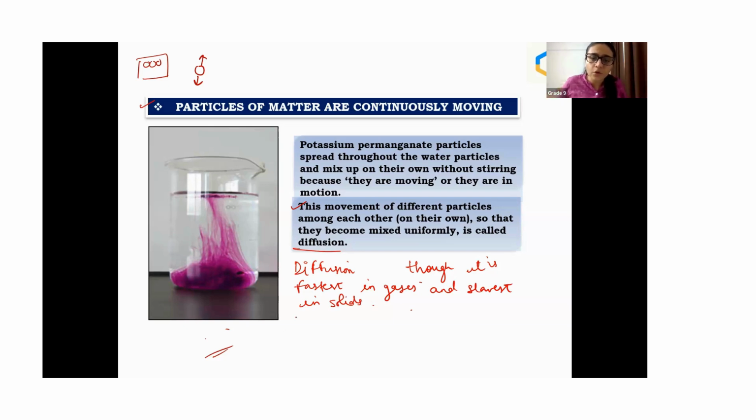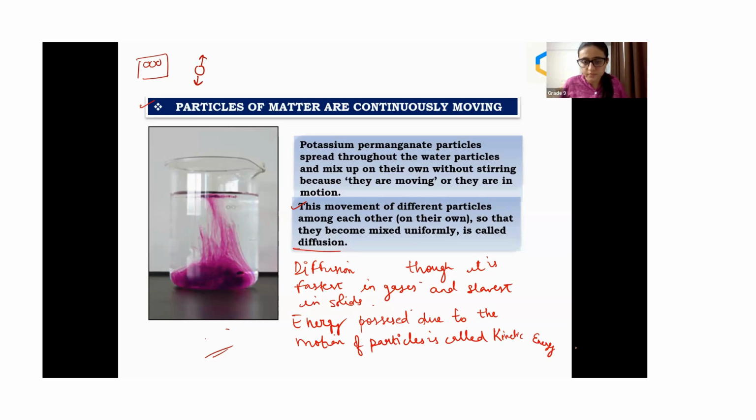And then the next point you can write, energy, because we haven't mentioned the energy one. Energy possessed due to the motion of particles is called kinetic energy. Write this much, then two points more I have to give you.